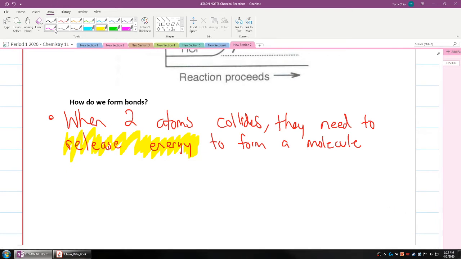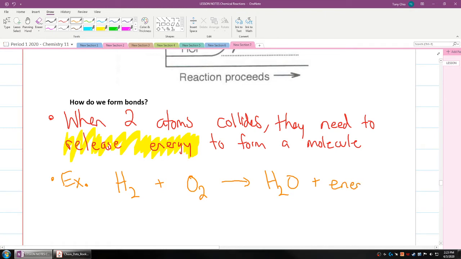So if we write an example for this one, let's go backwards for the water example. You're going to have hydrogen gas reacting with oxygen gas. When that occurs, you're going to form water molecules, but you're also going to release some energy. So again, we keep it balanced.